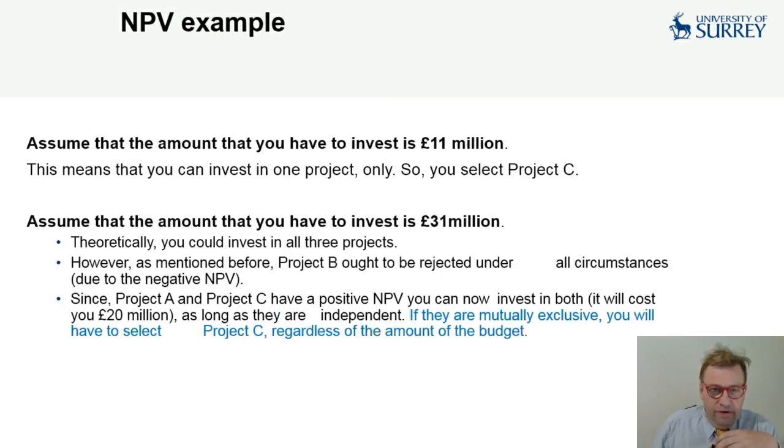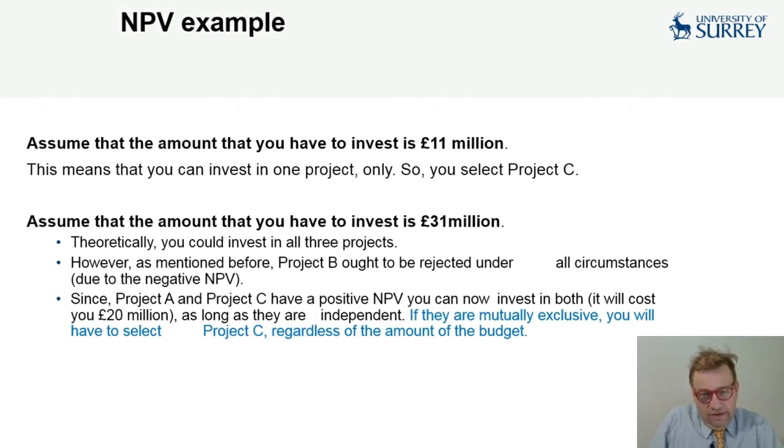But if we have a budget of, say, 11 million, it means that we could select only one. So we select C. But if we have a budget of 31, then obviously project B is rejected because it has a negative NPV.